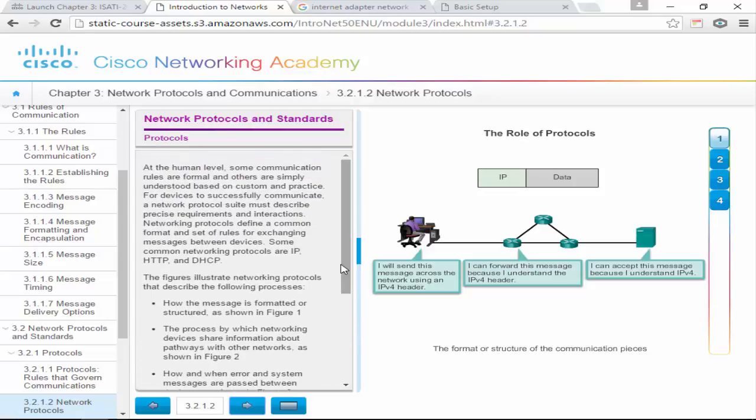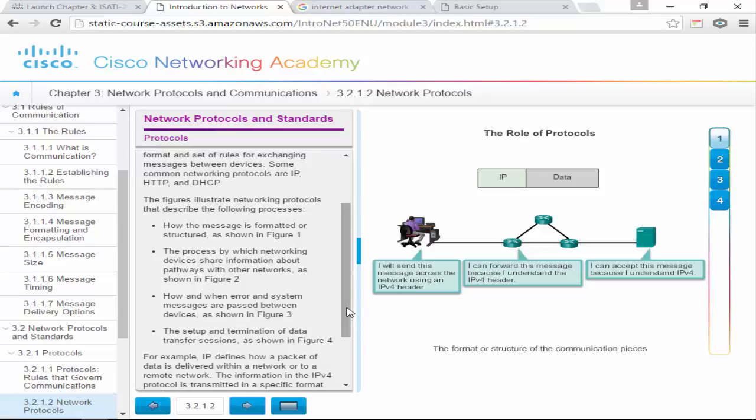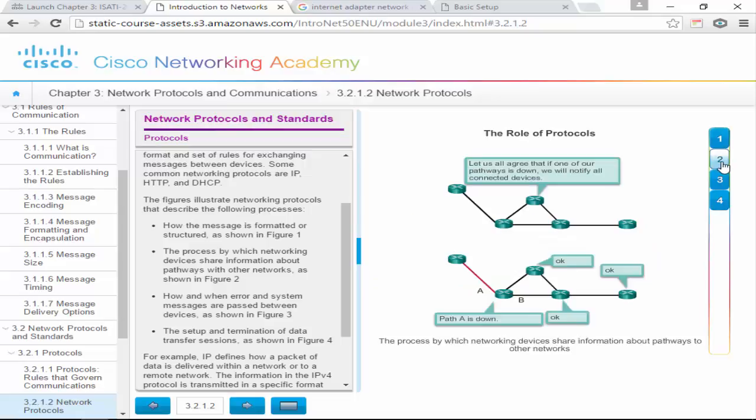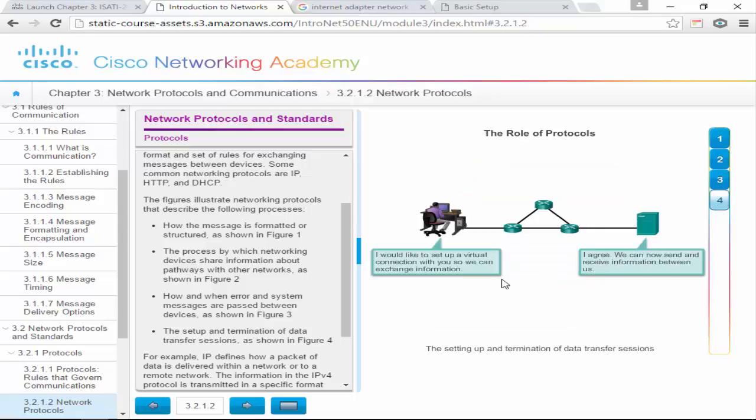So the role of protocols: how the message is formatted or structured, and the process by which networking devices share information about pathways. There are rules for how and when error systems and messages are passed between devices, and the setup and termination of data.